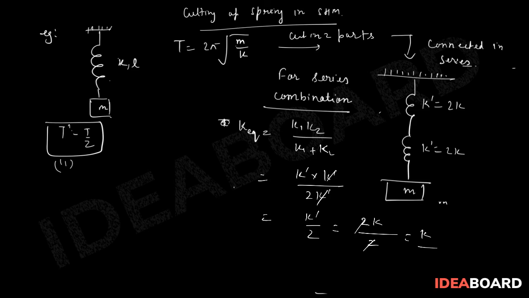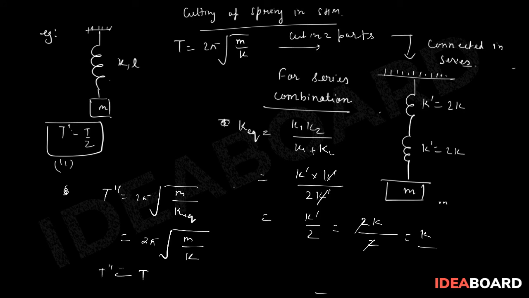So in series combination, time period double dash is equal to 2 pi under root of m by K equivalent. Here this is coming out to be m by K, which is equal to T double dash.